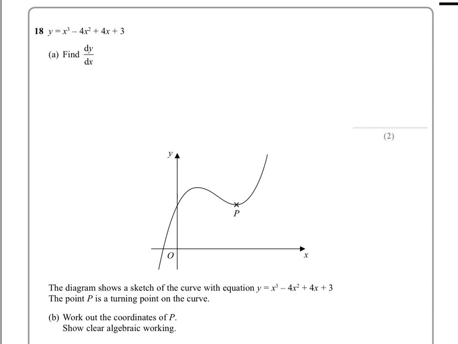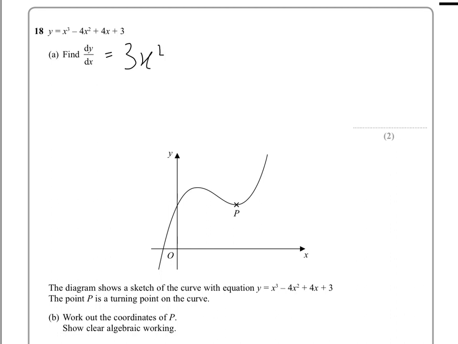In question 18 we're given an equation for y, which is a cubic equation, and we're asked to find dy by dx, the differential of this equation. So dy by dx of that will be 3x squared.